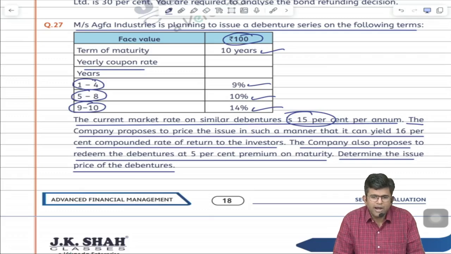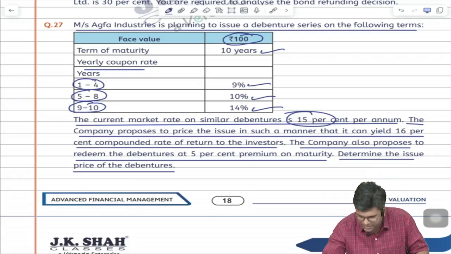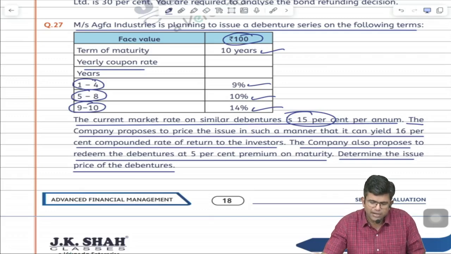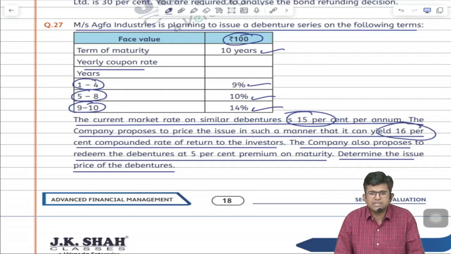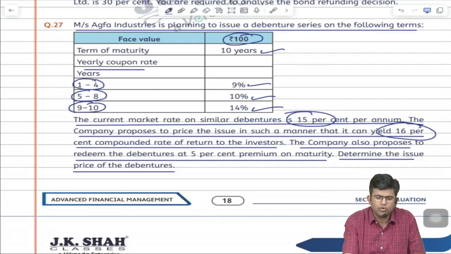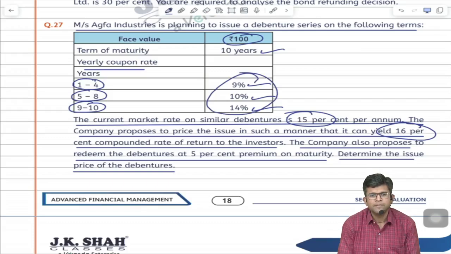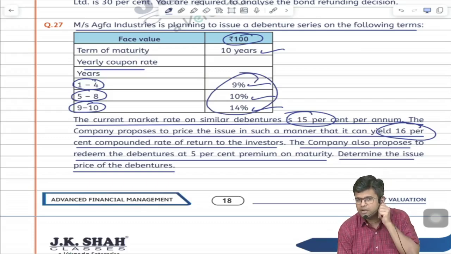But if I want to attract your money, do you realize I need to give you a YTM slightly more than 15, otherwise you will not come to me. Everyone ready? So I am planning to give you how much percent? 16. Now when I am saying 16, I am talking of YTM and not coupon. Coupon rates are here. I hope you are listening. Coupon rates are here. But I want to give you a return which is 16%.